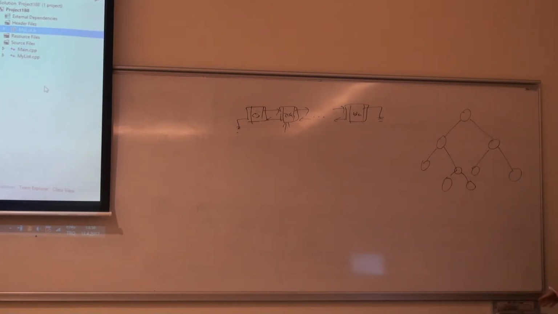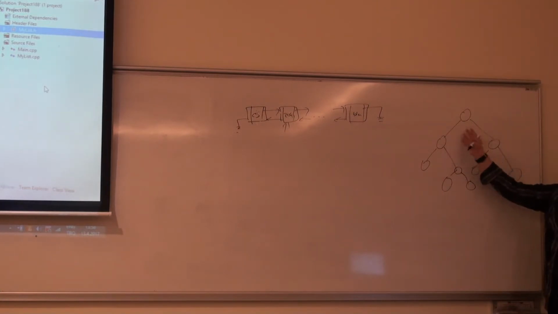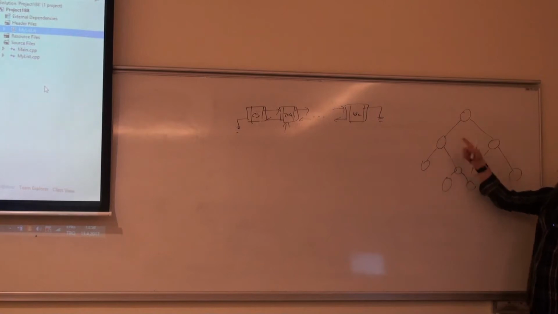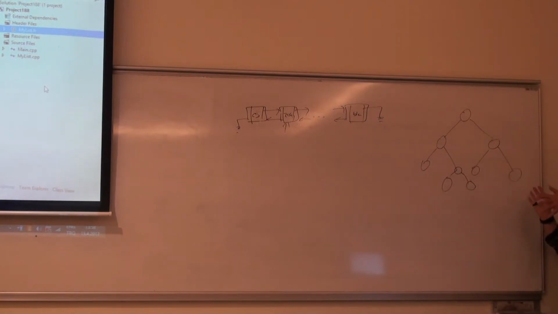For those that are going to take the algorithms course, you will know that this is a binary tree. Maybe you have seen it before. So we also have next and previous pointers, which here usually are called right and left. And we have some data here. When we iterate through these data structures, it's much harder to go to the next, to the previous, to the end, to the beginning.